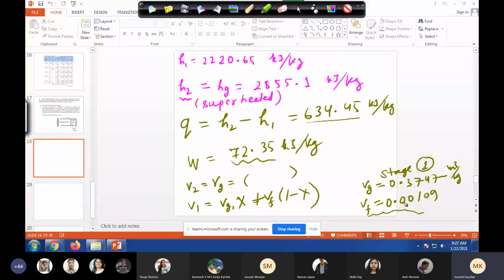That will give you V2 directly. Sir, V1 is coming 0.2812. Let me write it clearly. V1 is 0.2812. Fine, correct. You are right. V2? Yes, Pooja. So 0.424. Yes, perfect. So with this, you calculate. You should get the answer because both the calculations are correct. I just checked. Okay, fine, guys.